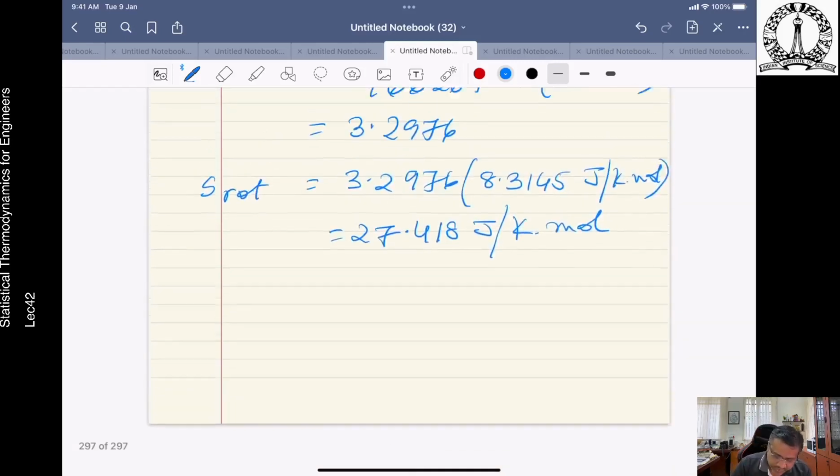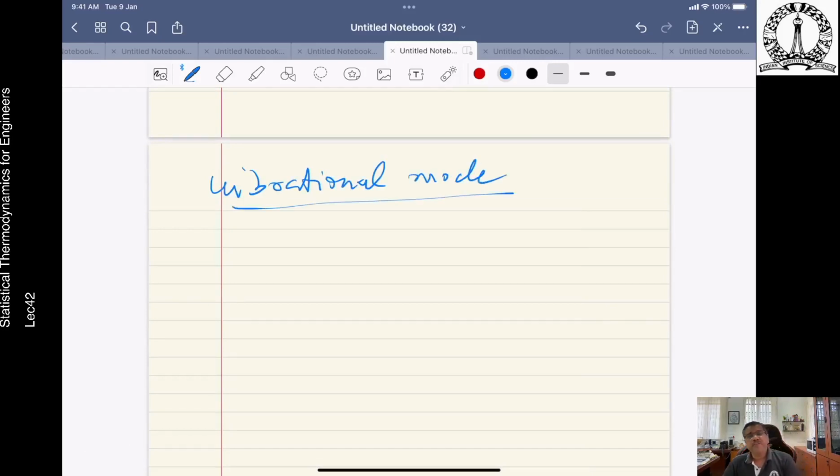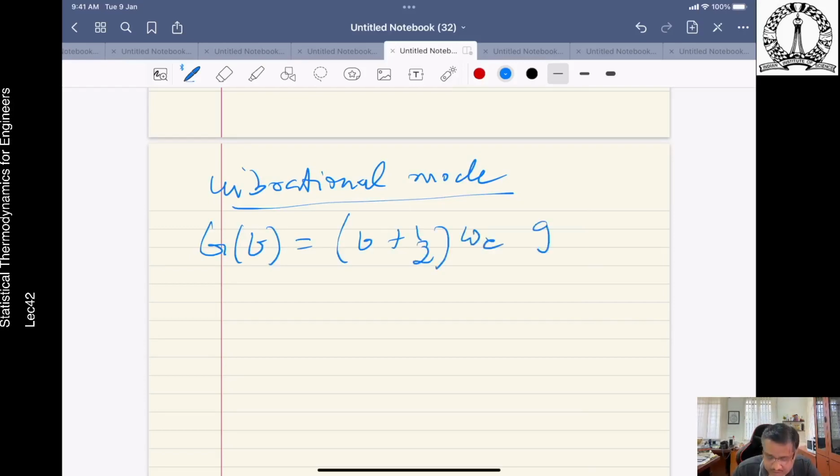Now we go to the final thing, which is the vibrational mode. Now the vibrational energy levels and the degeneracies we already know. So this is G(v) equal to (v plus half) omega e, where the degeneracy is equal to 1.